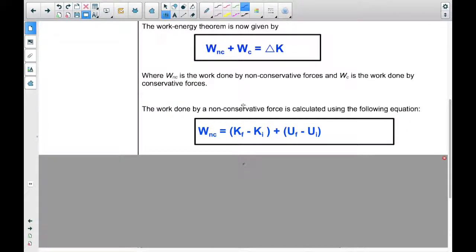So the work by a non-conservative force is calculated using the following equation. The non-conservative work is this. Can you see that this is the change in kinetic energy right here? So this is the change in kinetic energy, and this is the change in potential energy. And so the change in kinetic energy plus the change in potential energy is going to add up to the non-conservative work. And the non-conservative work, again, would be like energy that was lost through friction or other means.